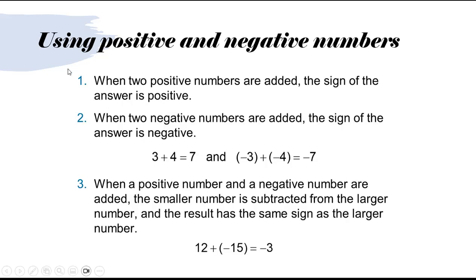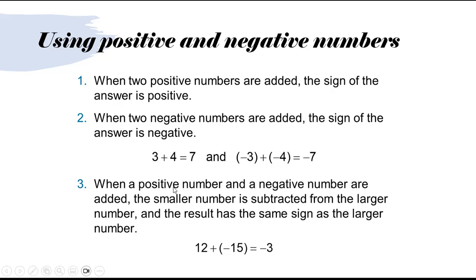Okay, when two positive numbers are added, the sign is always positive. However, when two negative numbers are added, the sign of the answer is always negative. So for example, +3 plus +4 is 7, and -3 plus -4 is -7. So if you are adding two positives or two negatives, then the sign does not change.